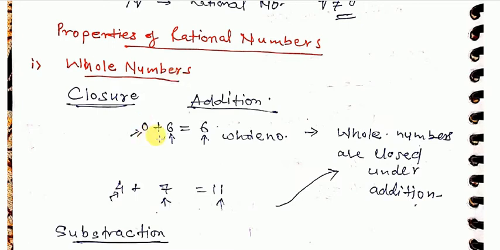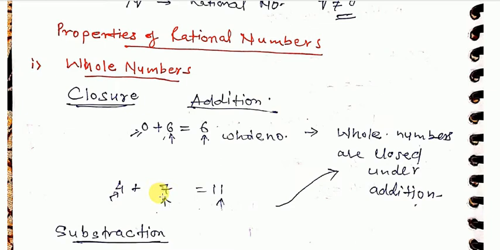Since we are discussing whole numbers, let's take a pair of whole numbers such as 0 and 6. If we add these two and their sum is also a whole number, it means these two numbers satisfy the closure property. This will be closed under addition.